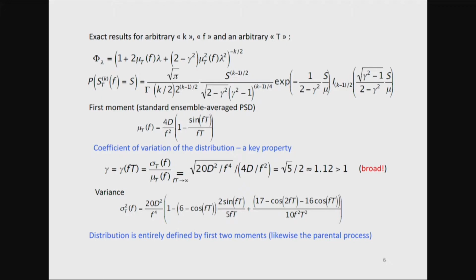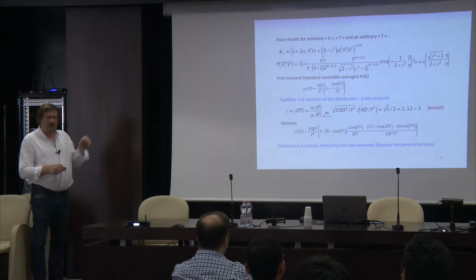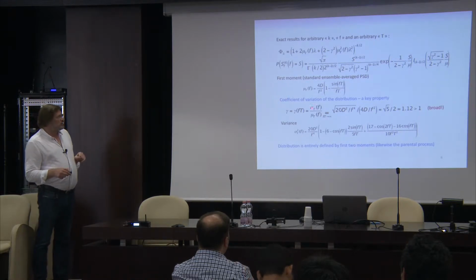Mu is the first moment of the power spectral density. This is a standard textbook property, which is usually studied. Now, in the second, quadratic term, you again have mu squared, and you have 2 minus gamma squared. And gamma squared is the most important parameter for this type of problem, as I will show in what follows. It is the standard deviation divided by mu.